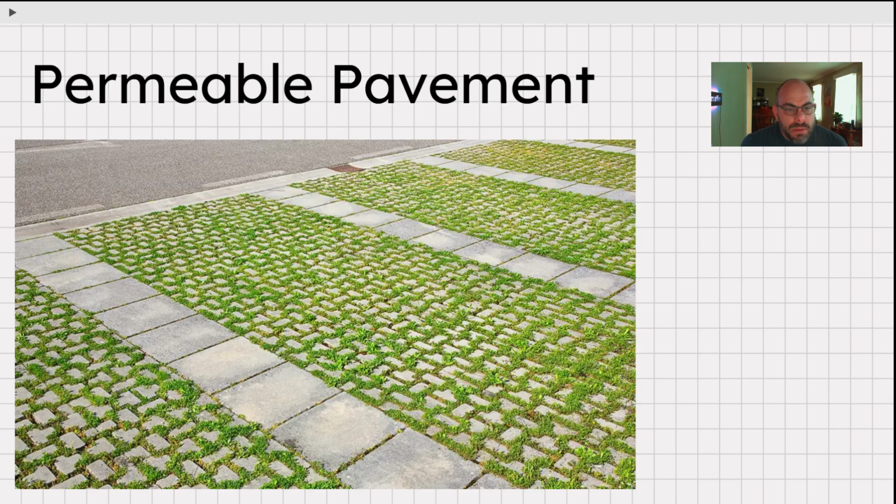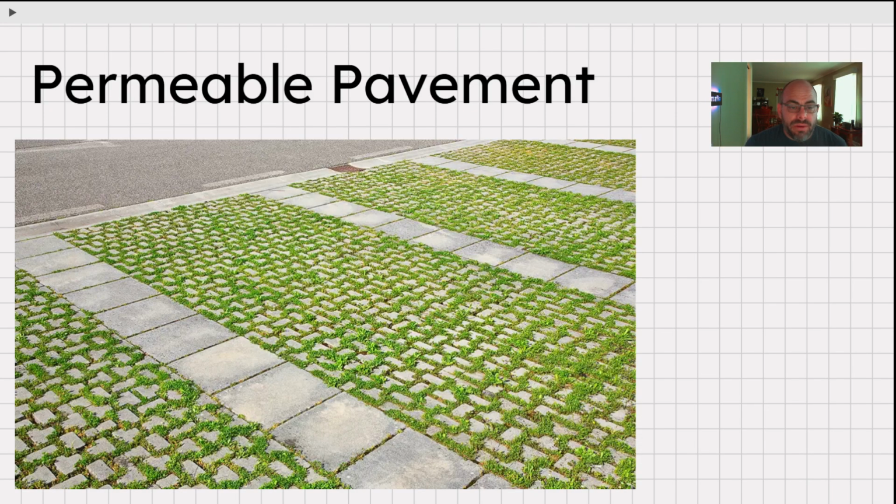One of these is permeable pavement. Look at this. This is pavement, but it's permeable. It almost looks like your backyard patio that's been allowed to grow up for a couple of years, right? But it's by design, because the cracks in the pavement do not hinder vehicle travel, but also allow water to soak in.